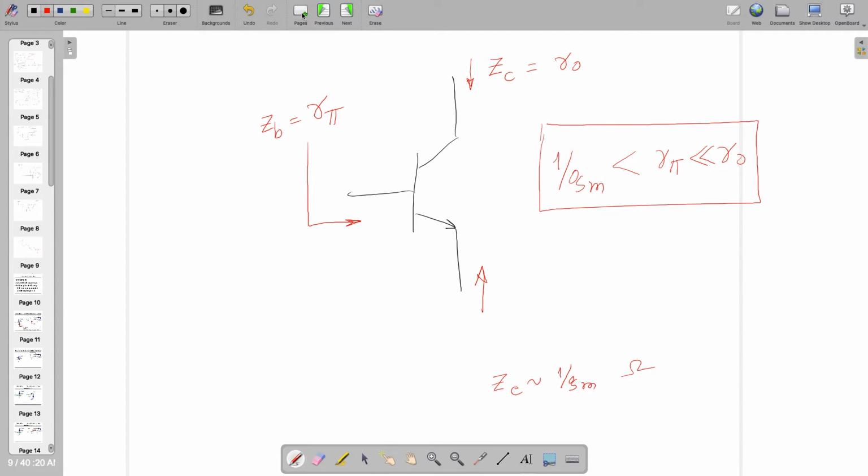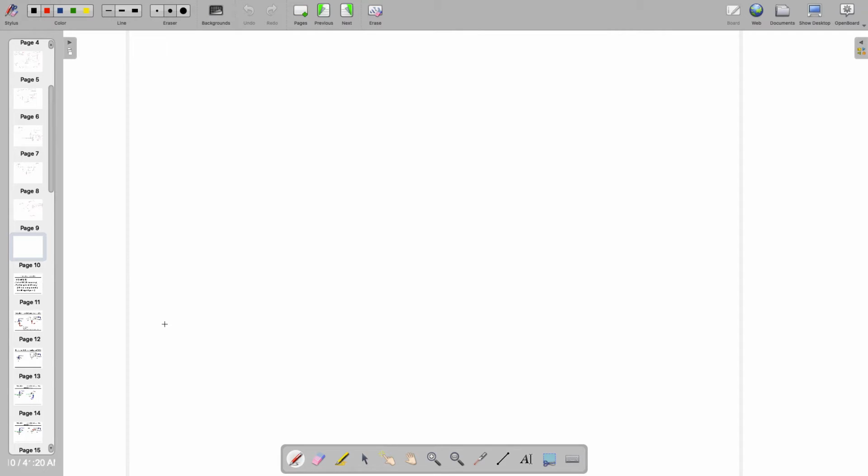Okay. Now I'm not drawing the small signal model for MOSFET, but you have to draw it in your mind, or if you want, you can use your notebook and tell me what is the impedance I'm looking into gate.